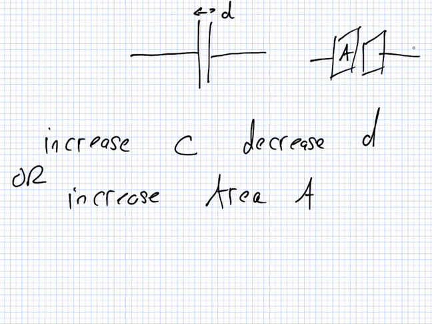So if you're asking me which is more effective, you probably want to try and reduce the distance. But you have to be careful, okay? It's very important that the plates don't touch. So if the plates touch, then no more capacitor, okay? So you want the plates to be very close, but don't touch, okay? Right.